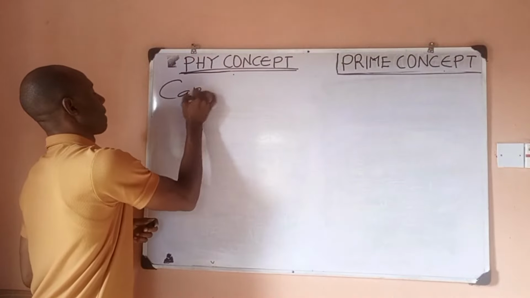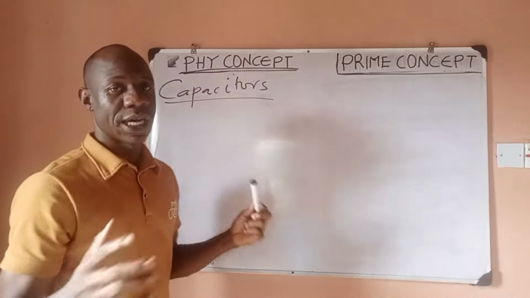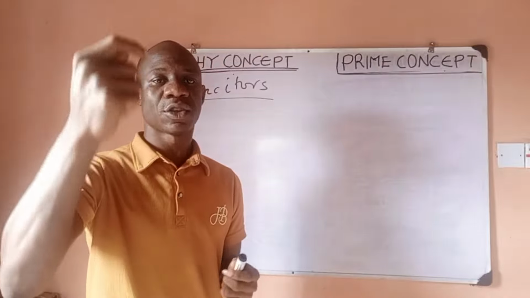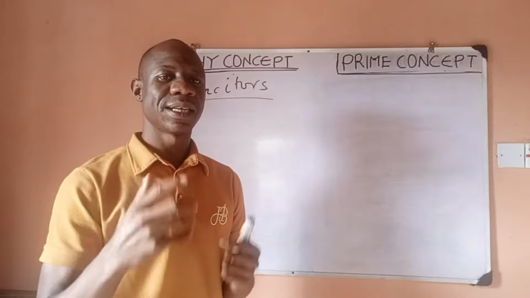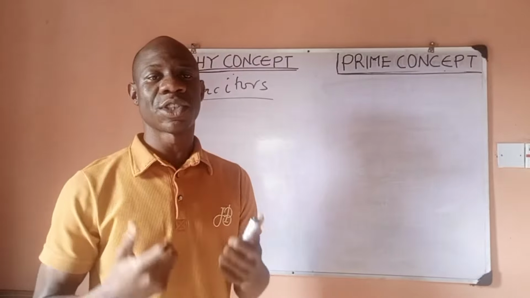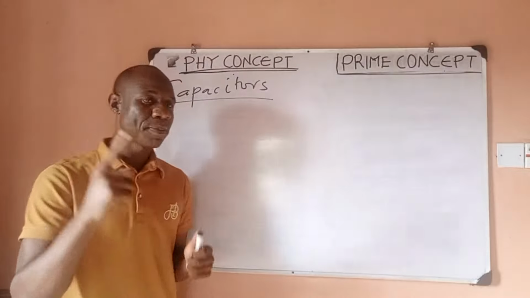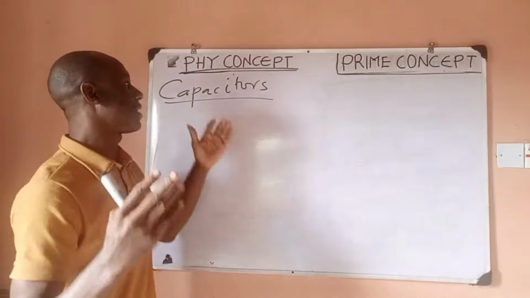Capacitors. First, we know that capacitors are devices that store electrical energy, or you can say capacitors are devices that store charge in an electric field. Remember, since we are revising, I'll be pointing out a whole lot of things at the same time.